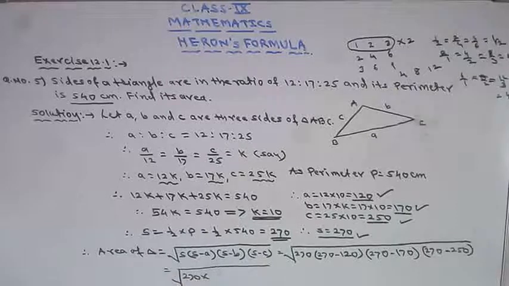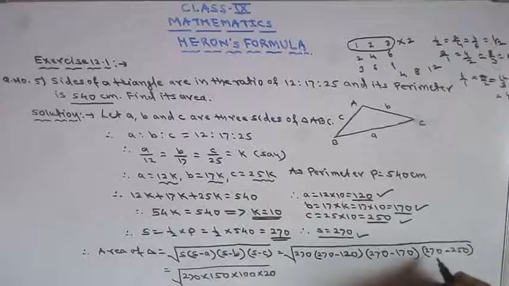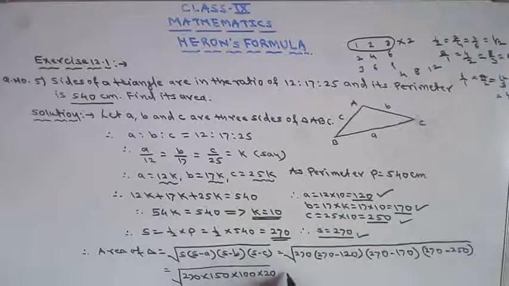So this equals under root 270, then 270 minus 120 is 150, 270 minus 170 is 100, 270 minus 250 is 20.